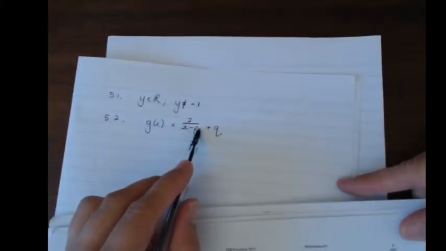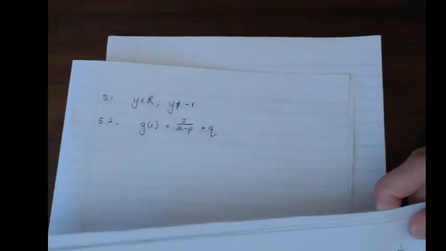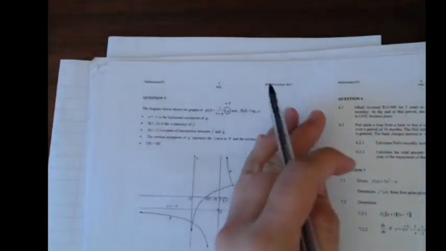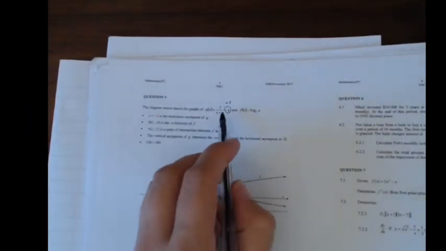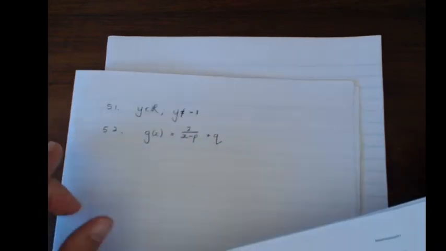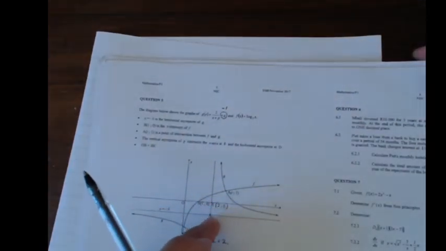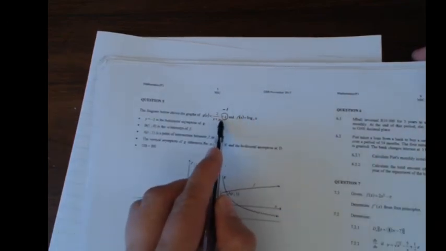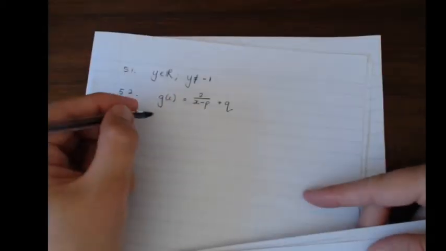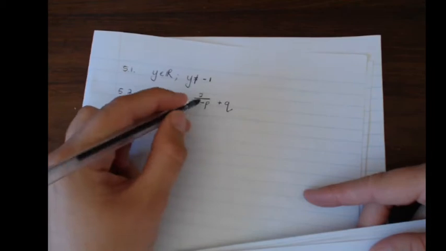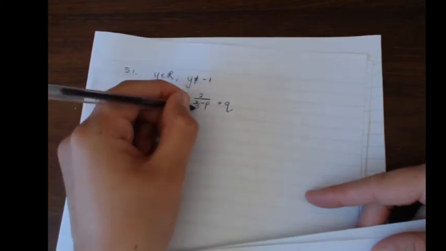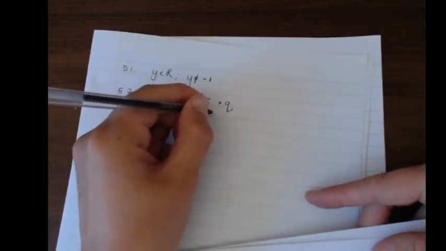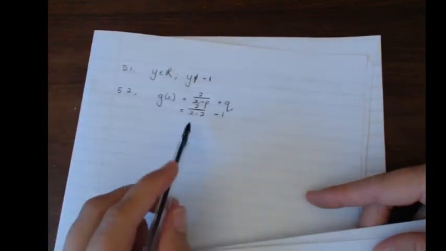If the graph is x minus 2, then that means it's been moved forward. If it's moved forward, then the p is positive, but here there is a negative. So for this to move to 2, it should be x minus 2. Now x plus p in this equation is going to make the p a -2 to have the negative result. I actually want there to stand 2 over x minus 2, minus 1.